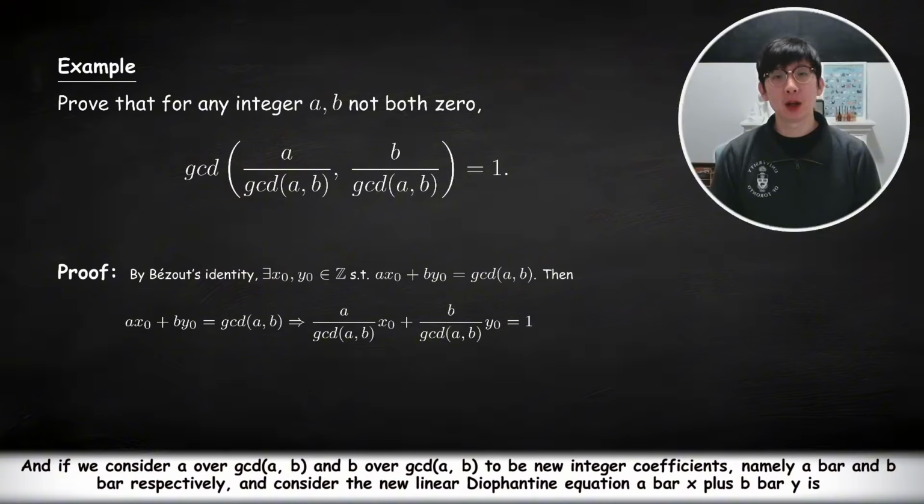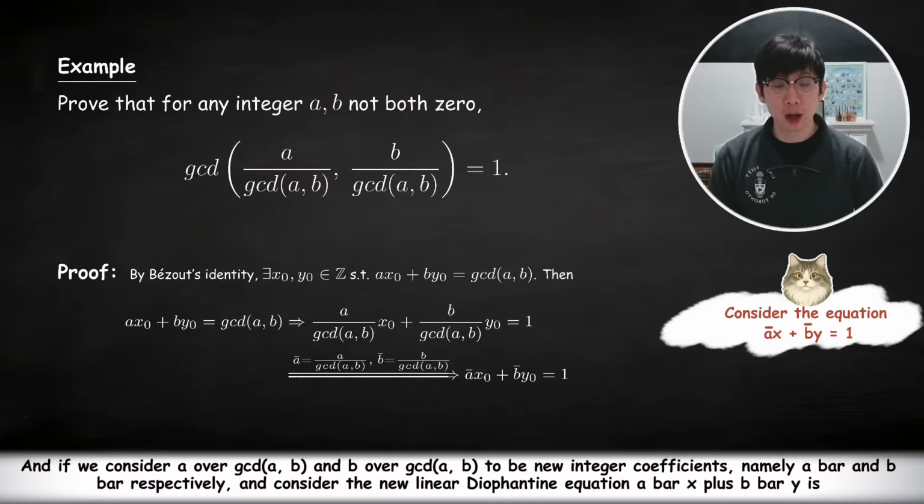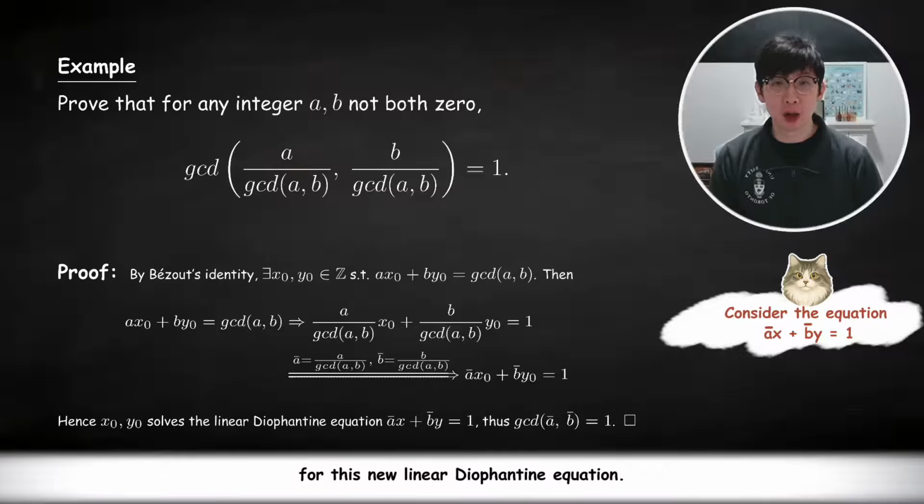And if we consider a over gcd(a,b) and b over gcd(a,b) to be new integer coefficients, namely a bar and b bar respectively, and consider the new linear Diophantine equation a bar x plus b bar y is equal to 1, then clearly x naught and y naught form a pair of integer solutions for this new linear Diophantine equation.